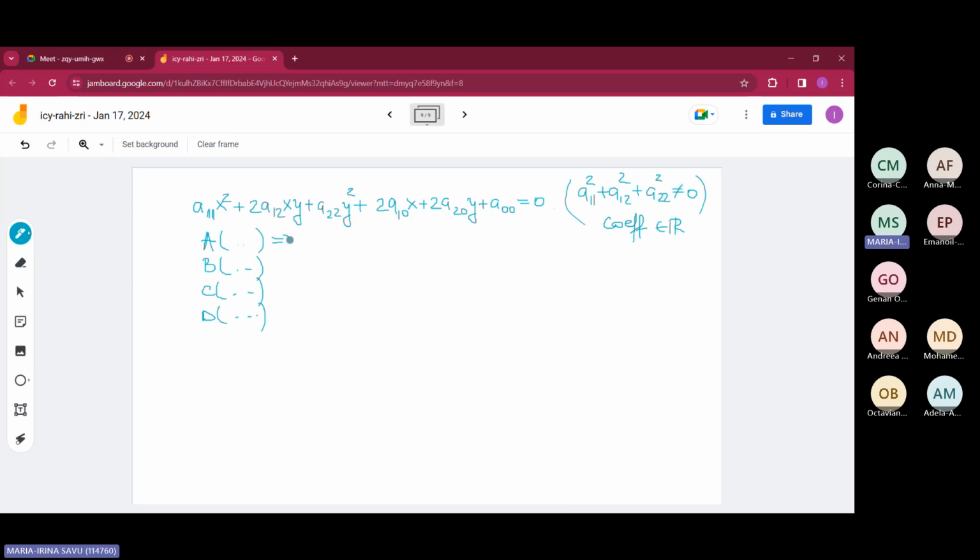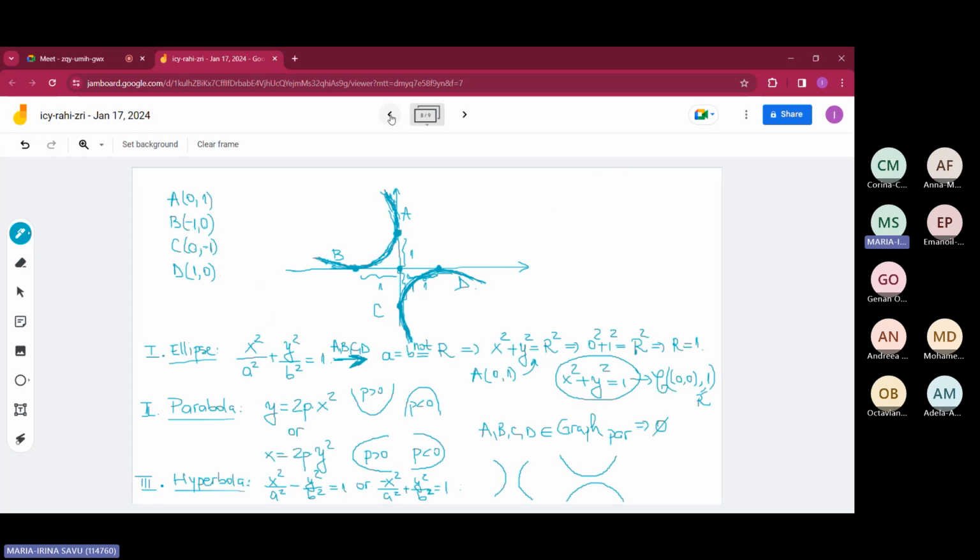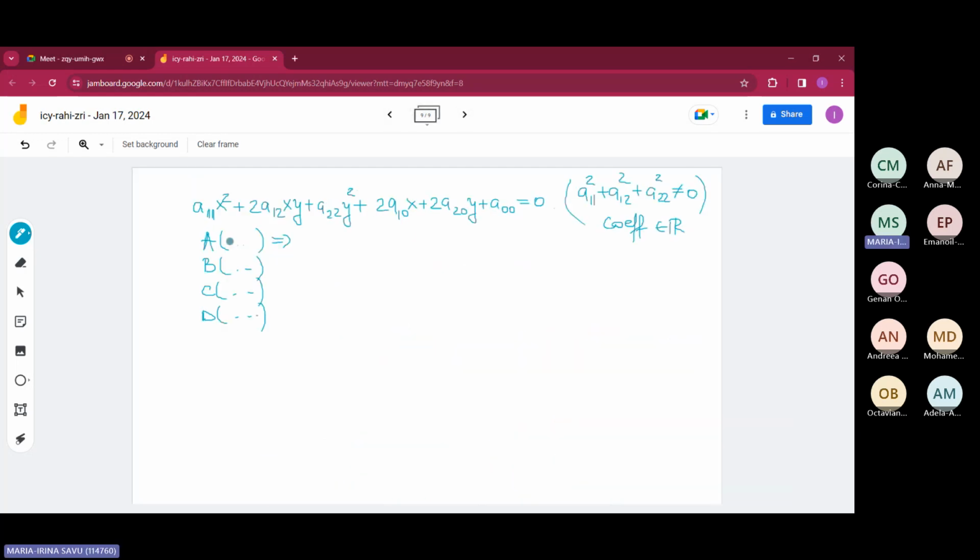Okay, if you place A in this equation, you get a11 times 0 plus 2a10 times 0 plus a00 is 0, and so on.